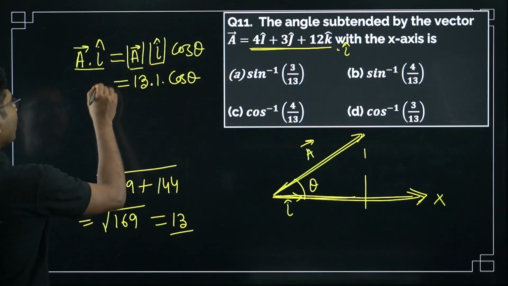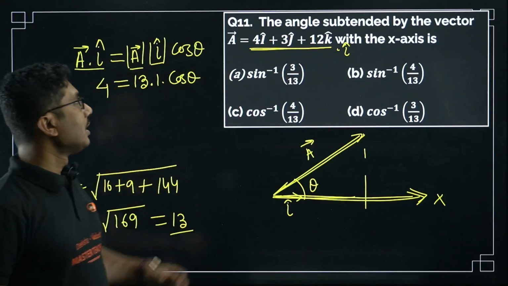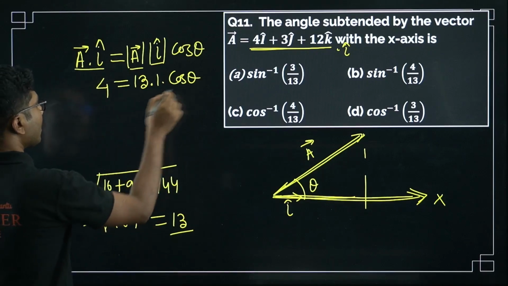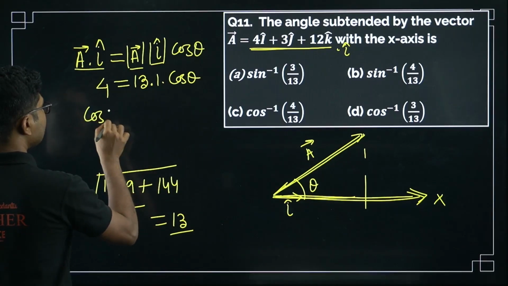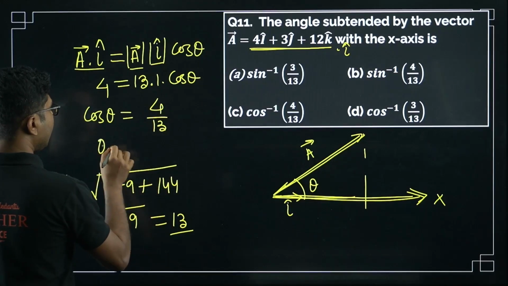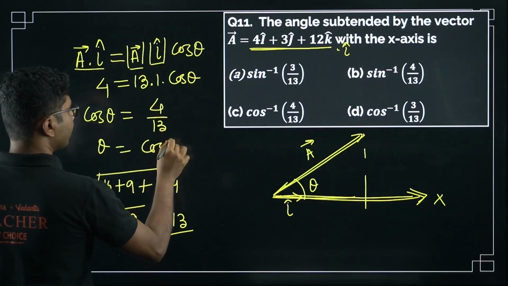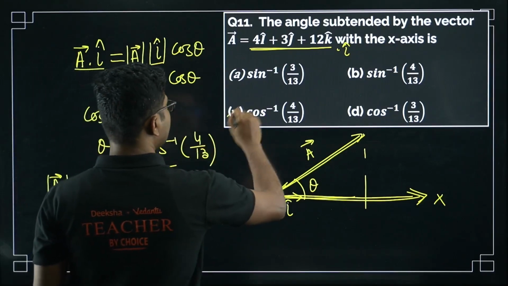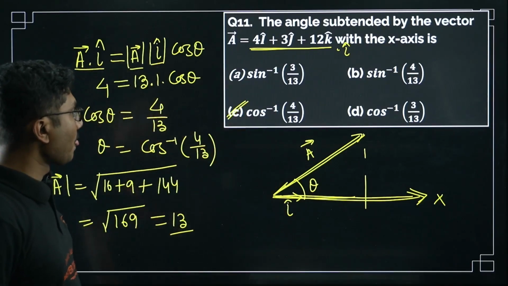So only 4 is on our left hand side. These two quantities are not considered during dot product. So from here we got cos theta equals 4 upon 13, or theta equals cos inverse 4 by 13. So answer is option C.